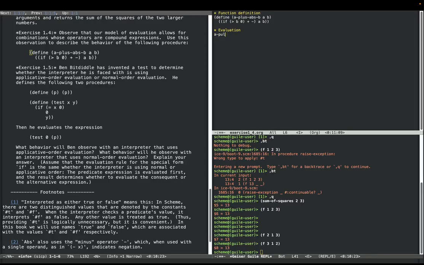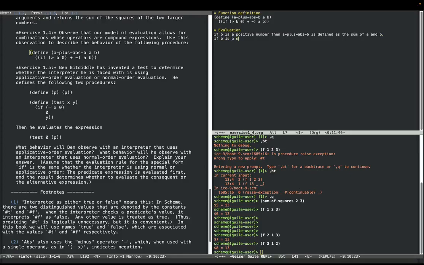a plus abs b is defined as... how do you write that in English? If b is a positive number, then a plus b is defined as the sum of a and b.